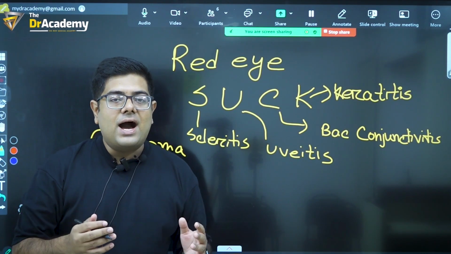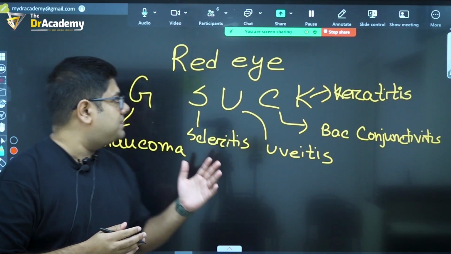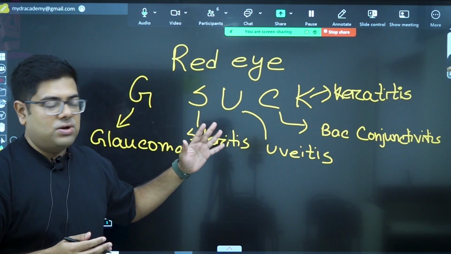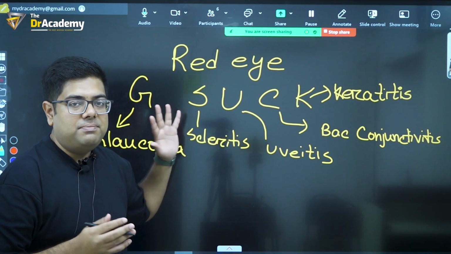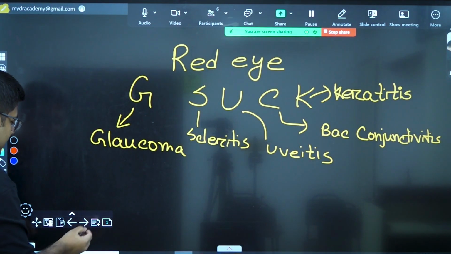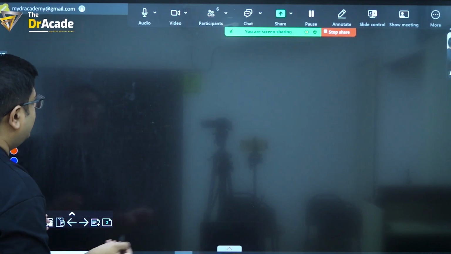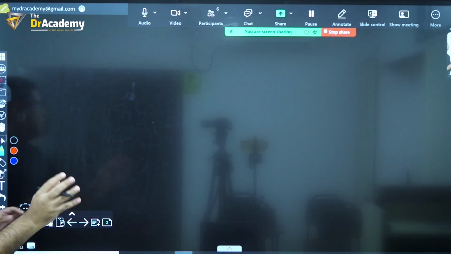And now we need to differentiate between all these causes. All of them will have red eye. So how do we differentiate in between them? At first, bacterial conjunctivitis.